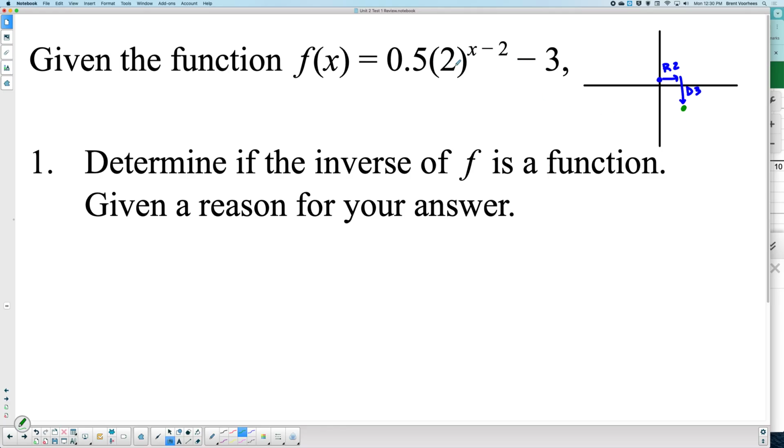And you said this is growth or decay? Growth. So what does it mean if it's growth? Normally, if it's growth, does it leave the asymptote or approach the asymptote? Leaves. It normally would look like this, but since I shifted it, it would now look like that. There's your graph.